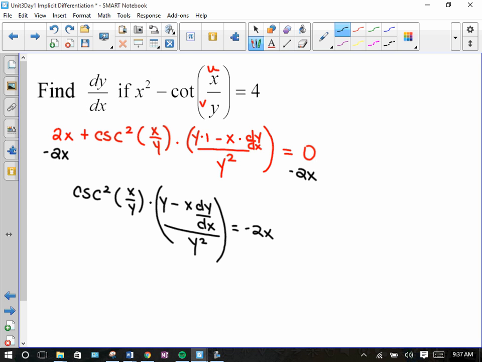I would like to know about that whole cosecant thing with the x, y. This? Yeah, you can do that whole thing, that's all one term. How do you want me to move it? We're going to divide by cosecant squared of x divided by y on both sides.